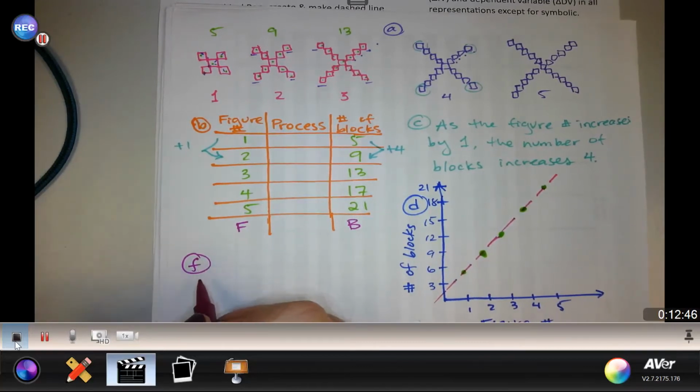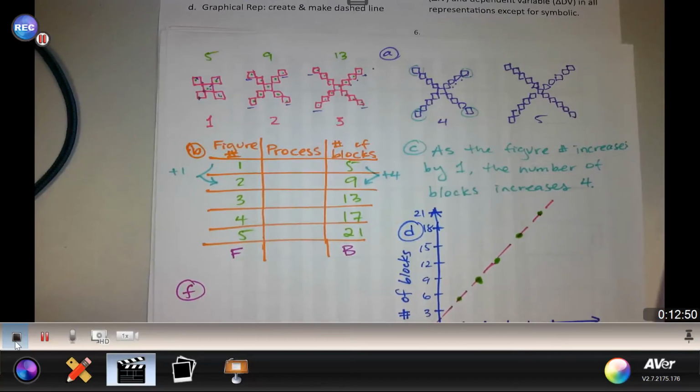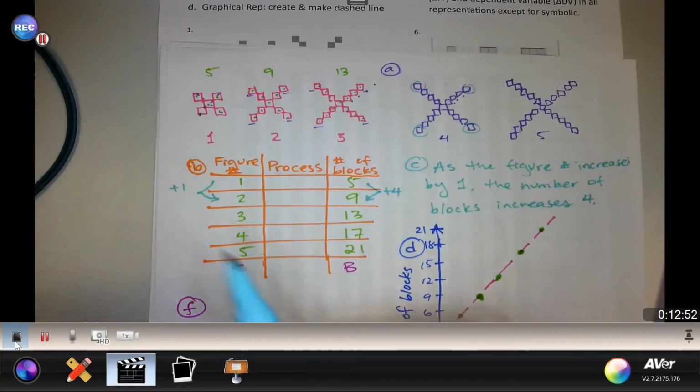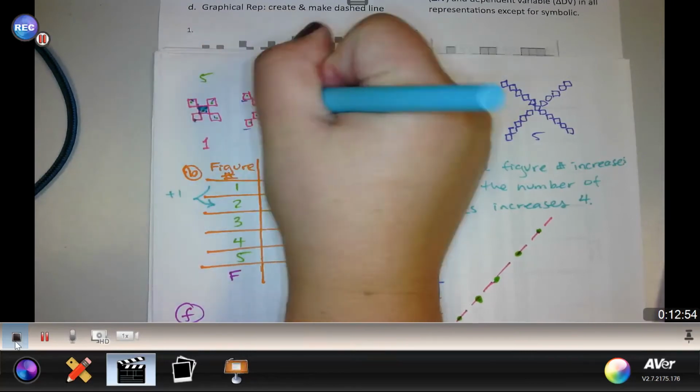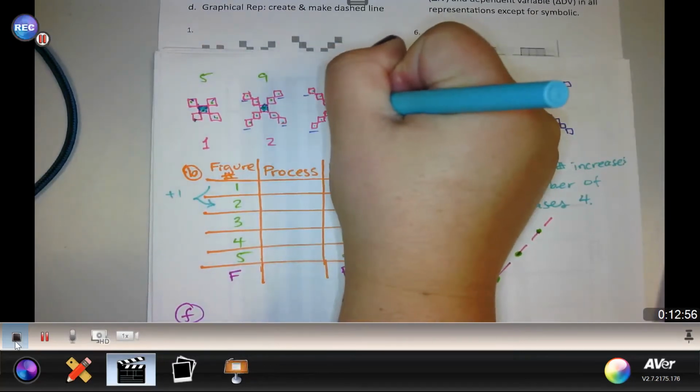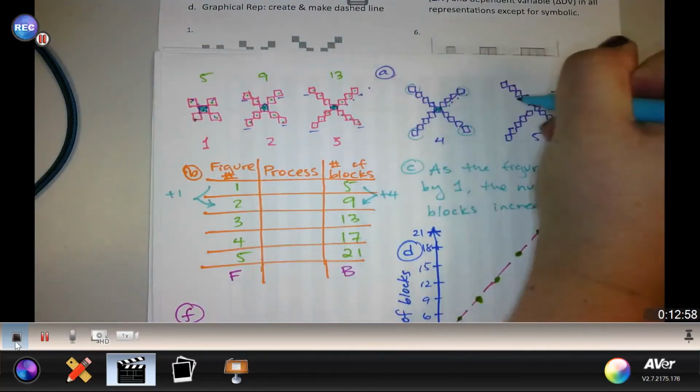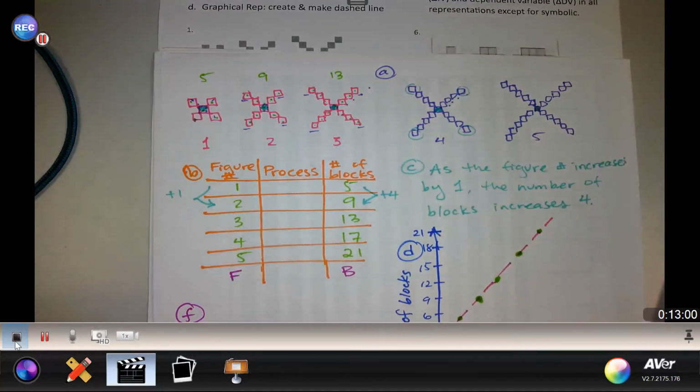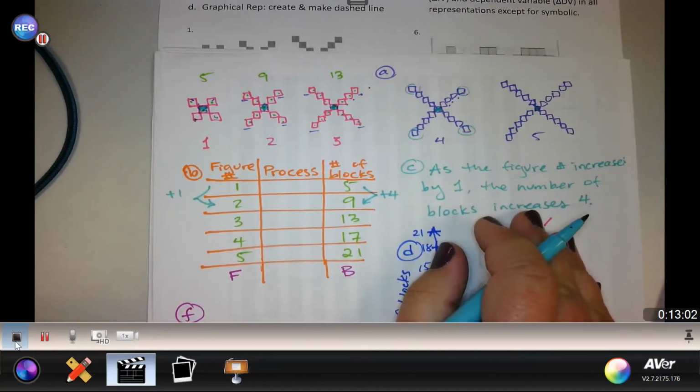So the first one, the way I see it is that there's something that is the same in every single one of these concrete models, and that is the center block. That center block is always the same. If we think about the pond problem where the 4 corners are the same, no matter how big or small the model is, so we did +4.